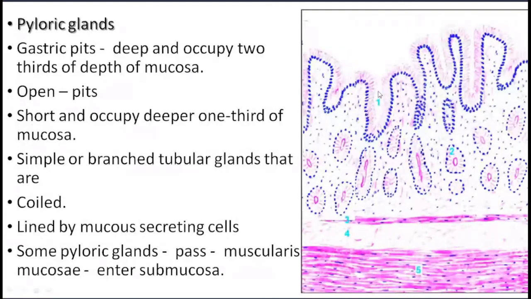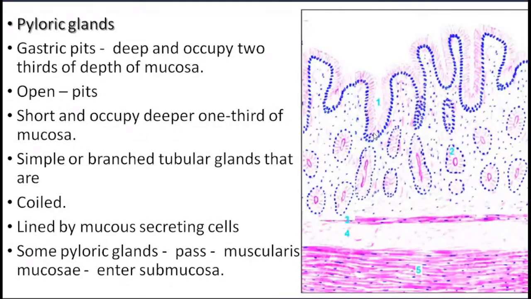And we saw in the fundic part that the gastric pits occupy 1/4 of the mucosa. So the ratio of gastric pits to the mucosa is 1:4 in the fundic part, and in the pyloric part it is 3:4, and here 2/3 will be occupied by the gastric pits.